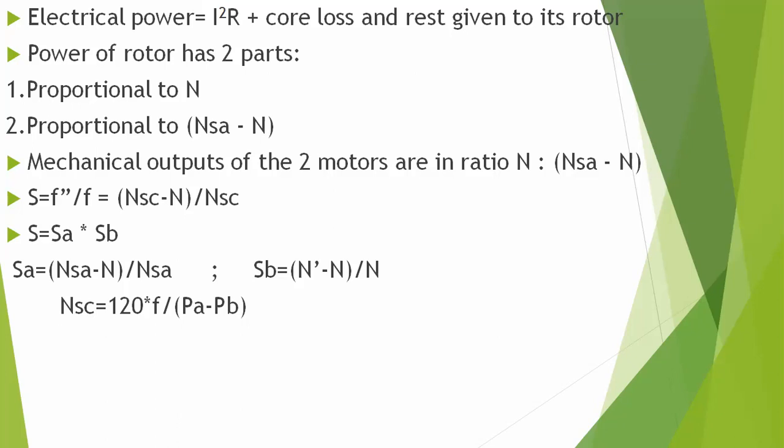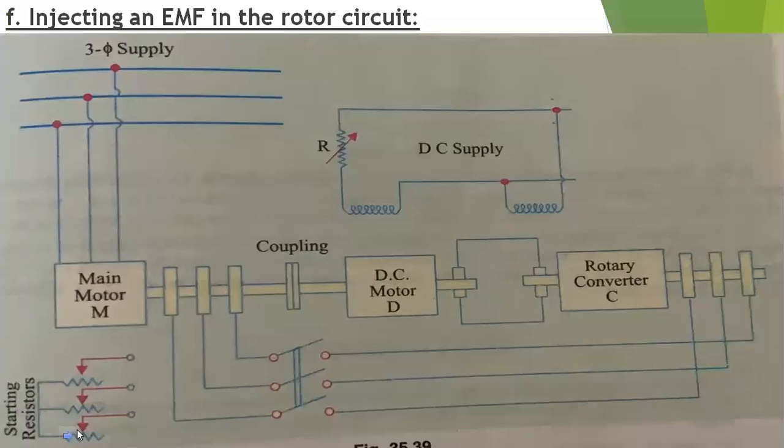So SA equals NSA minus N by NSA, and SB equals N dash minus N by N dash. Okay, this is how the cascade connection, tandem operation, or concatenation is done.